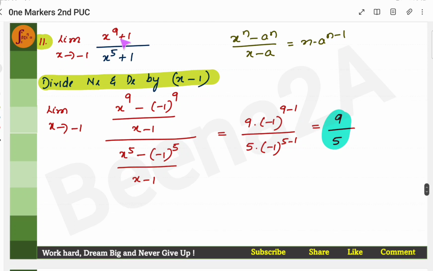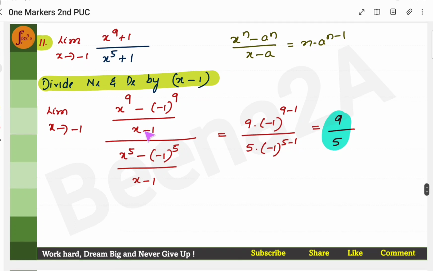I have x and 1 here, and I want the denominator with x and 1. So I'll divide numerator also by x minus 1, denominator also by x minus 1. When I divide, the equation is not going to change, because ultimately it will get cancelled. So there is no harm in putting this x minus 1. But for us to apply the theorem, we are dividing numerator and denominator by x minus 1.